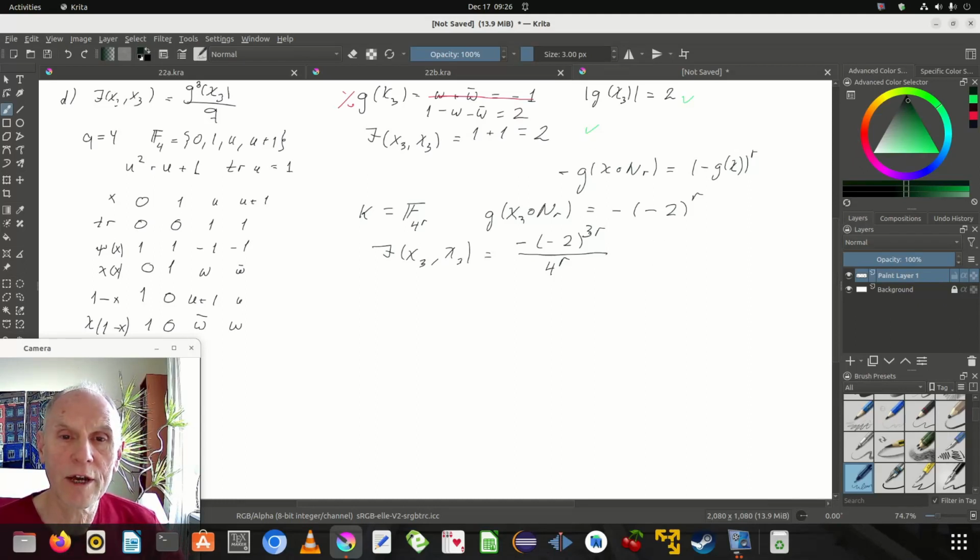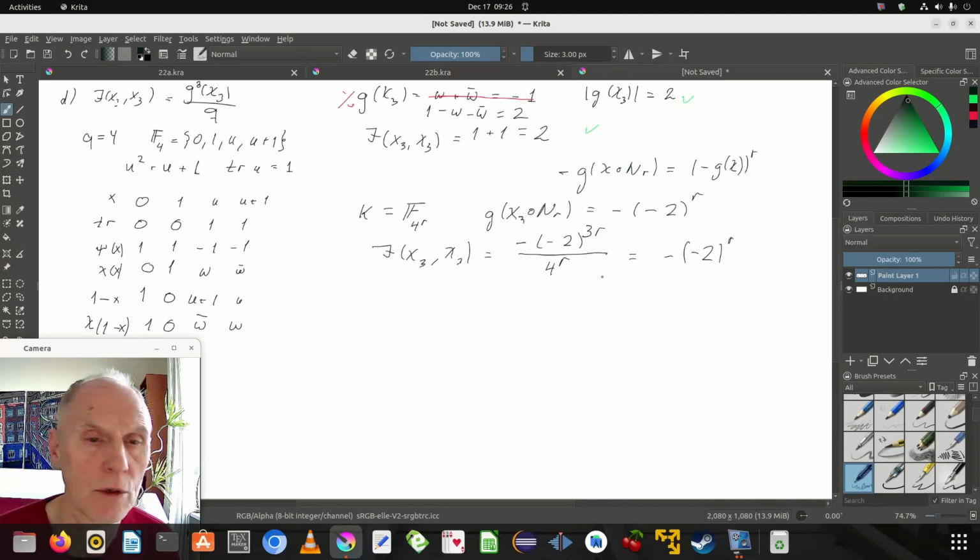That takes care of 2 r's here, so we are left with minus 2 to the rth. If r is 1, that gives 2. All right, then let's see what I had to derive.